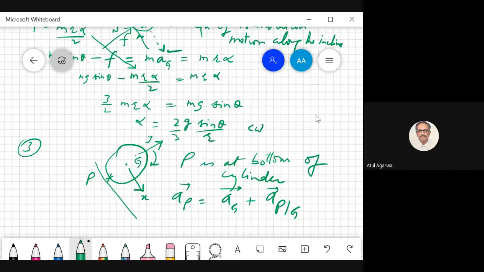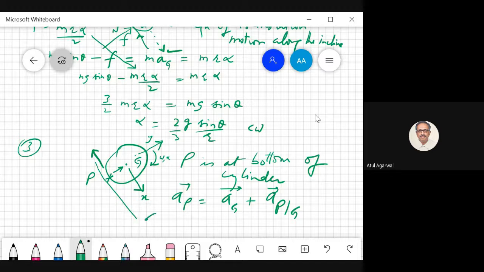So when you take your axis of rotation as point G, what will be the acceleration of point P? It will have a normal acceleration towards G plus a tangential acceleration because of alpha. So there is a tangential acceleration like this.